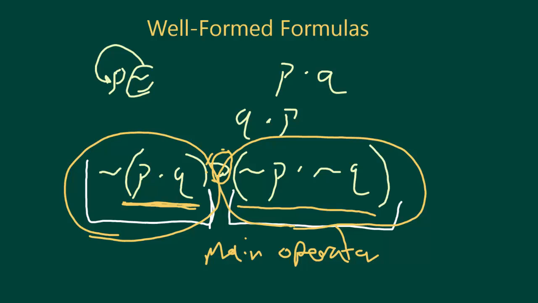And there are different ways in which you can pick out the main operator. One way that I've been trying to suggest is that with these parentheses, you can treat those as units, almost as if they were simple propositions themselves.